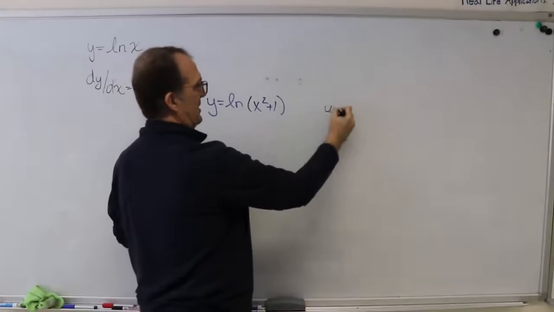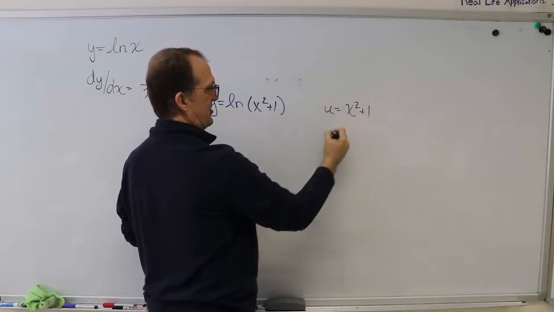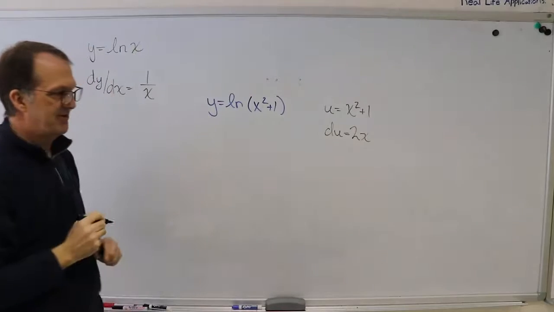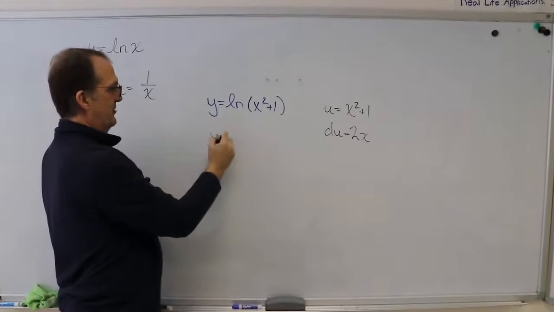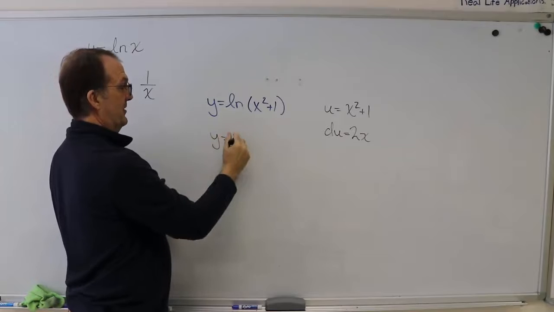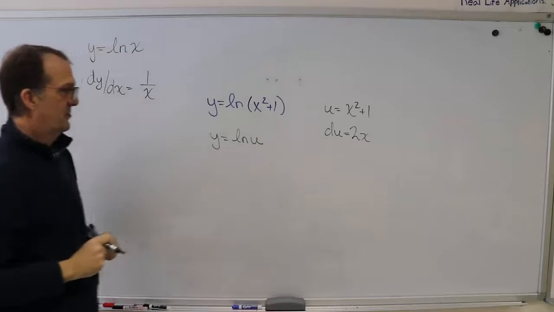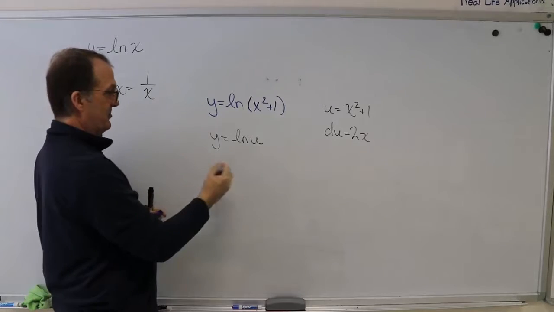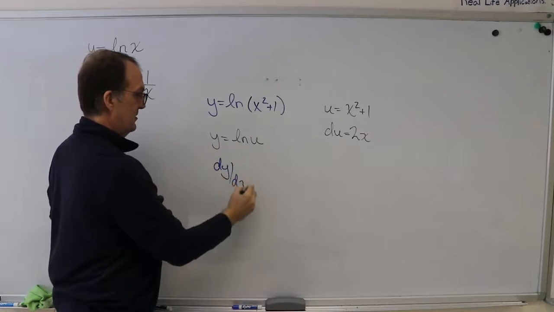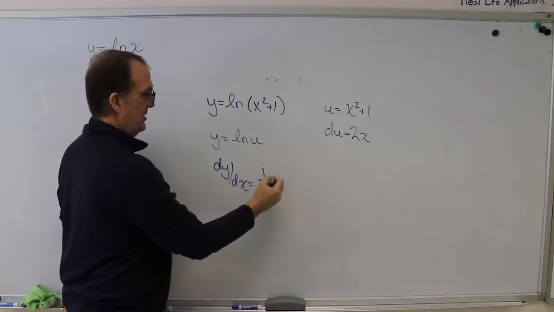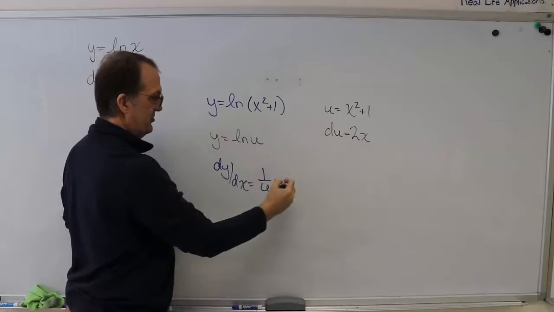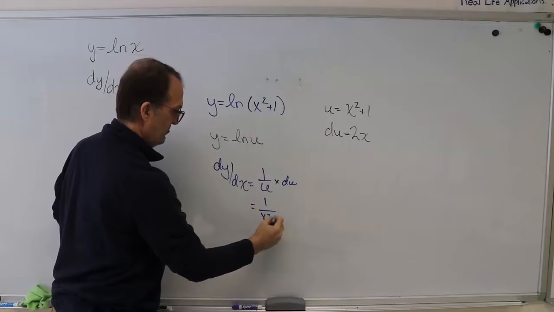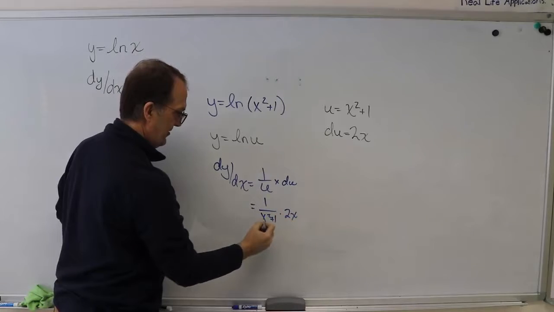You go off and think, I know u, x squared plus 1, du, 2x. So now I have y, sorry, I'm already thinking ahead, is the natural log of u. The derivative of the natural log of u is 1 over u, but we have times du, so we have 1 over (x squared plus 1) times 2x.